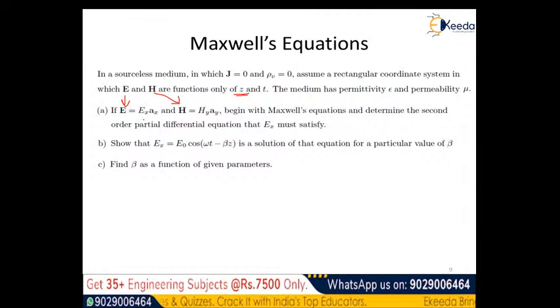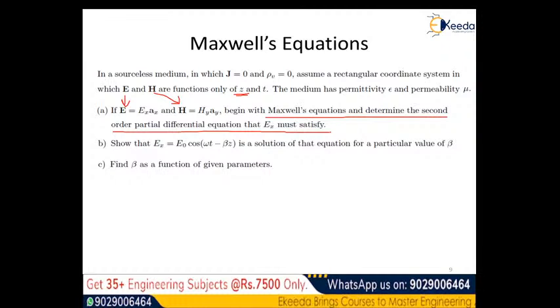E is having a variation along x, H is having a variation along y here. So we have to begin with Maxwell's equation and determine the second order partial differential equation that Ex must satisfy here. First of all, we shall solve this part and then we move on to the solution for part B and part C here.